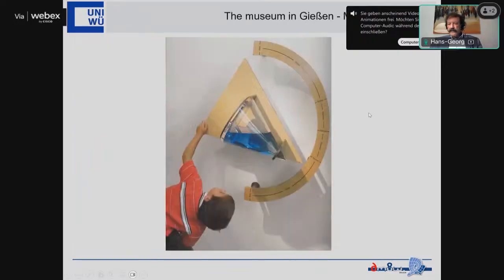And this is the same also, it's an experiment in the Mathematicum. It's this museum in Gießen. You have the cone, and this is a liquid inside the cone, and you can change the angle of this cone, and you get the different kinds of conic sections. You get ellipses, parabolas, and hyperbolas.